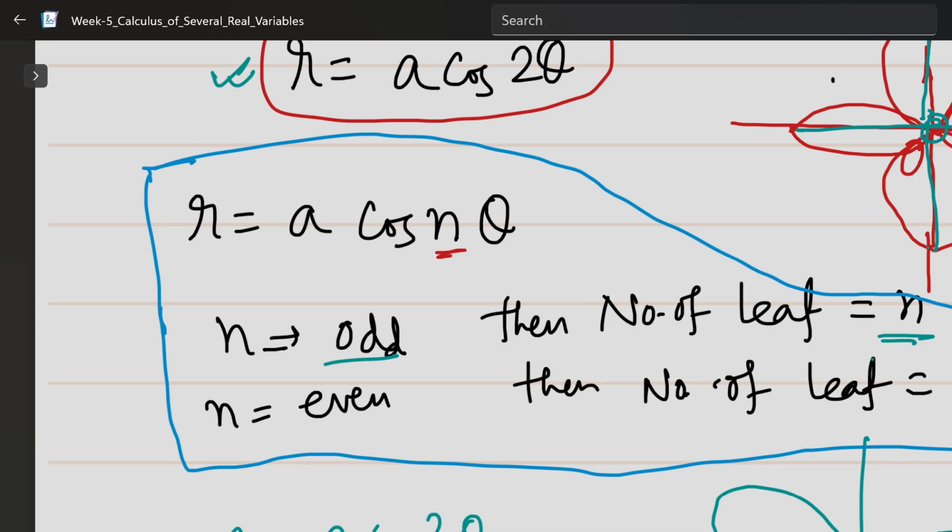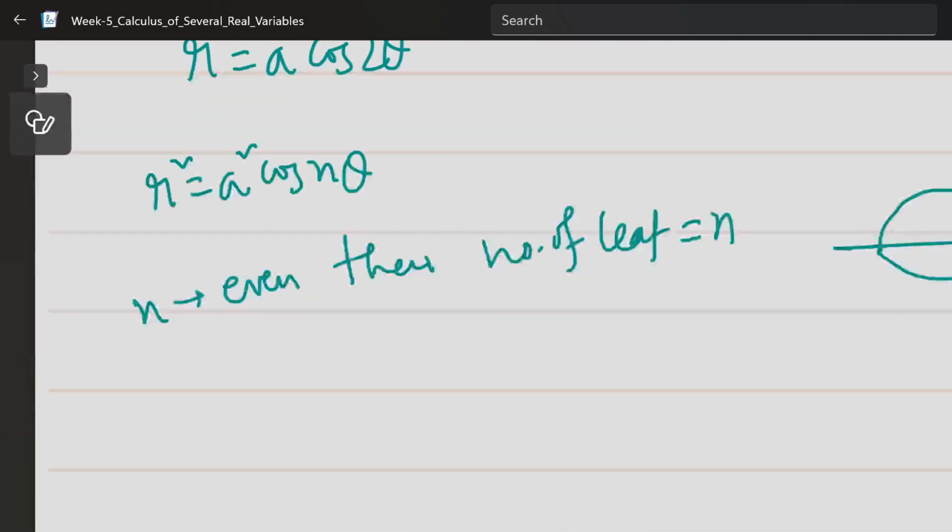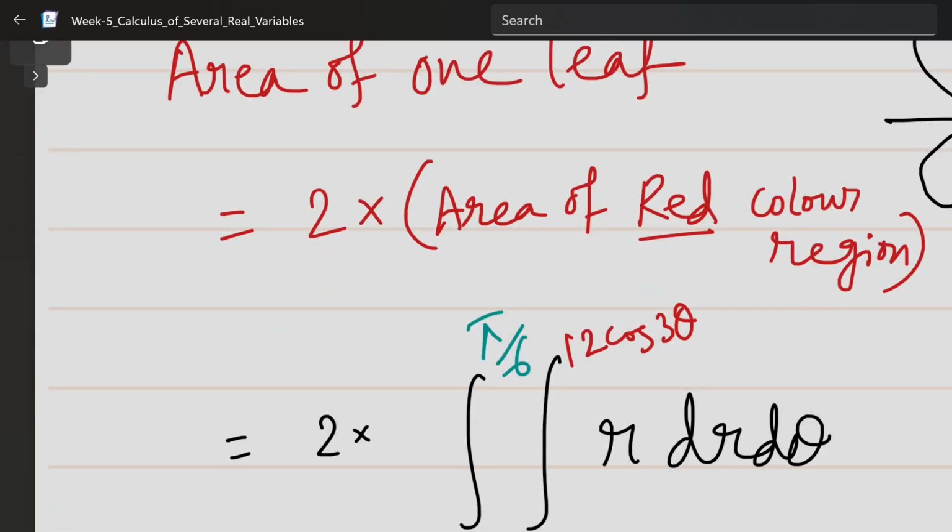The total angle actually is 3 theta. Three theta is pi by 2, so theta is pi by 6. This is your theta in this case, the maximum theta. So theta is from 0 to pi by 6.